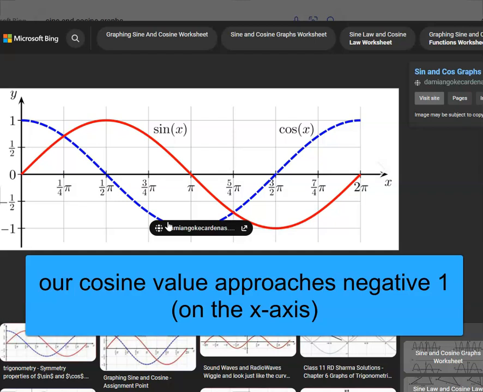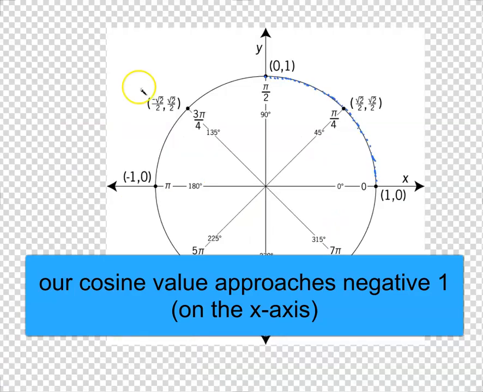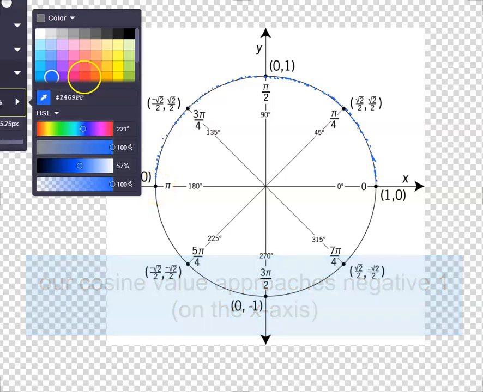So if we look back at 180 degrees for 1 pi, we're getting closer to -1 on the x-axis.